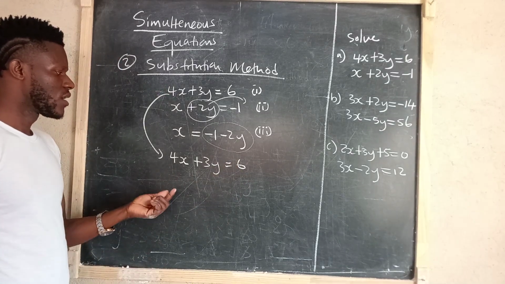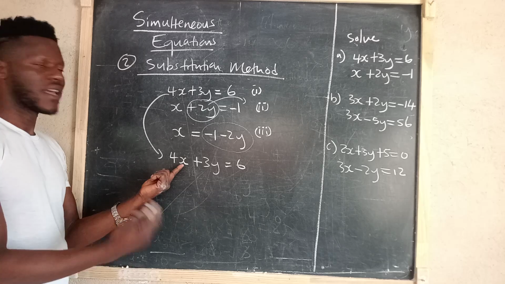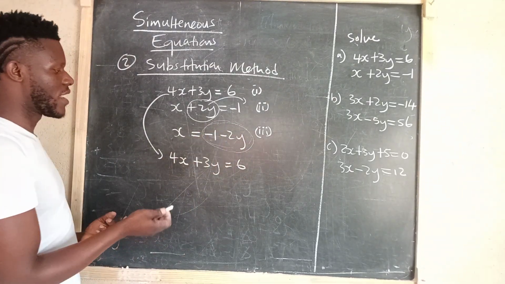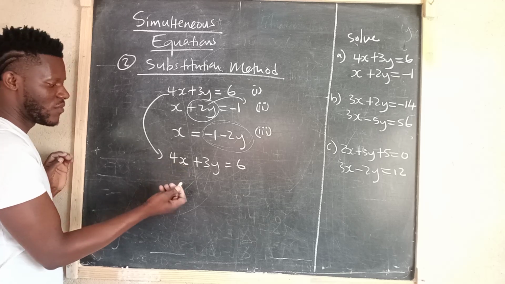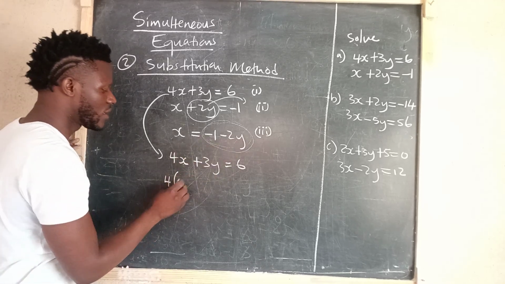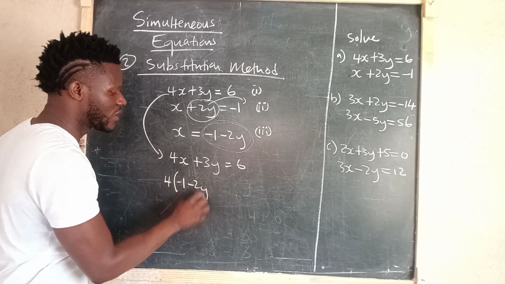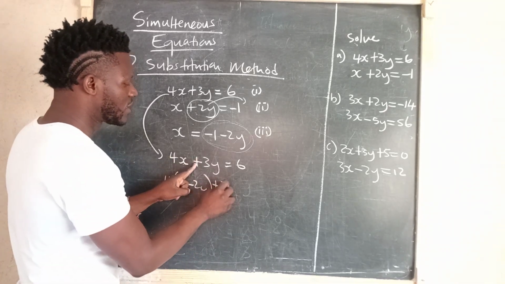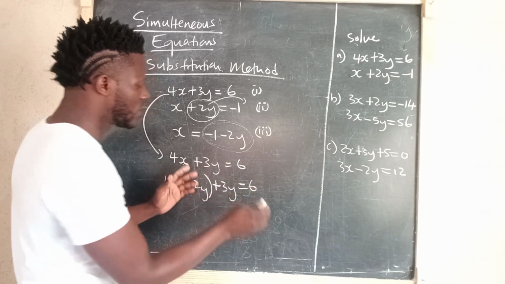But now take note, we know the other value of x. x is minus 1 minus 2y. So 4x means multiplication. So we are saying 4 multiplied by the bracket of minus 1 minus 2y, representing this x. Then we continue, plus 3y equals 6.